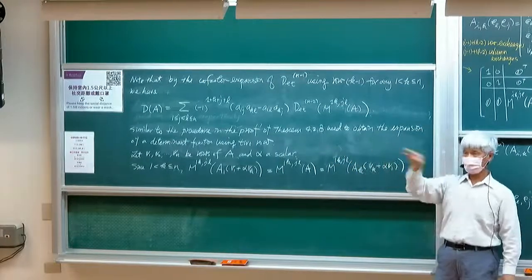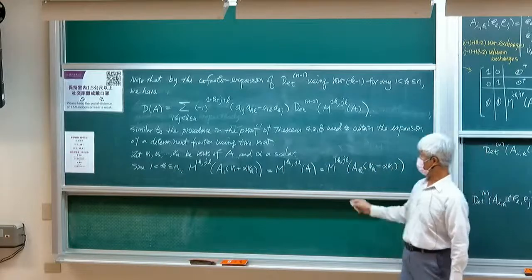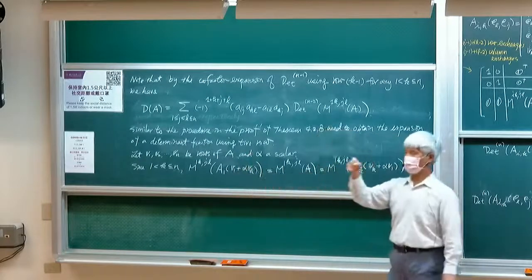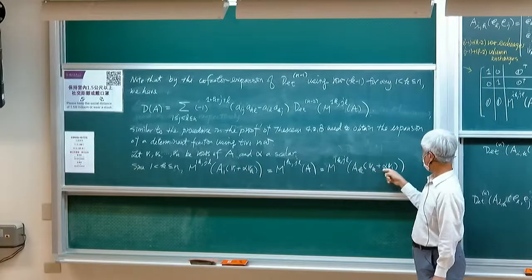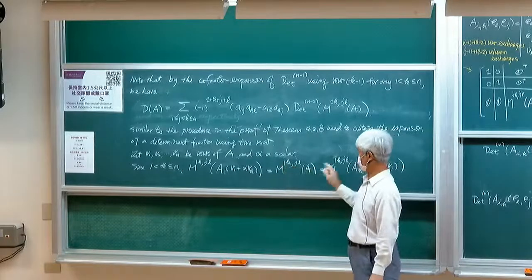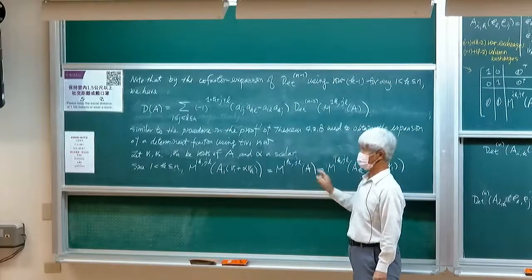When you remove the first and K-th row, then replacement operations on the first row or on the K-th row by R1 will do nothing. It is the same as that one.